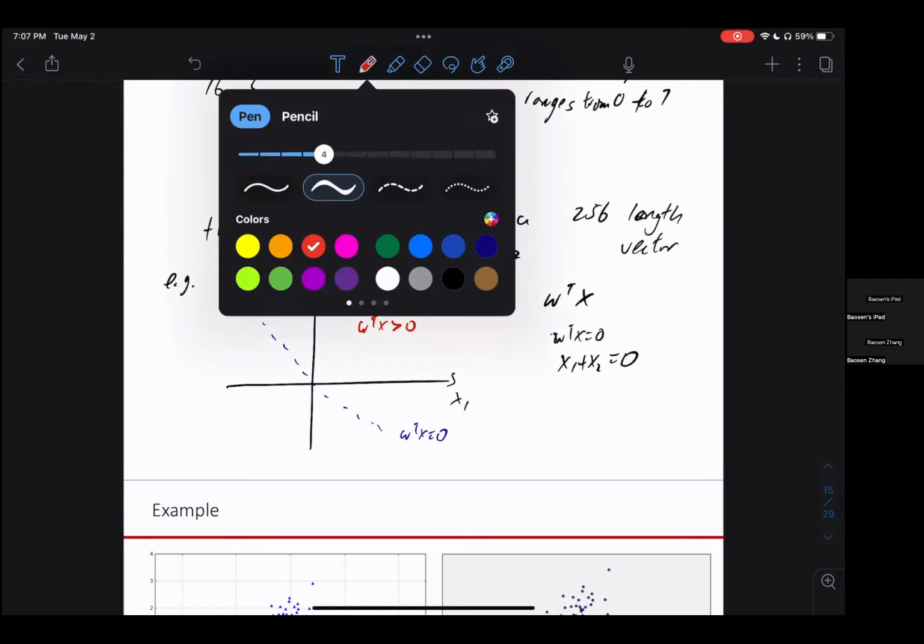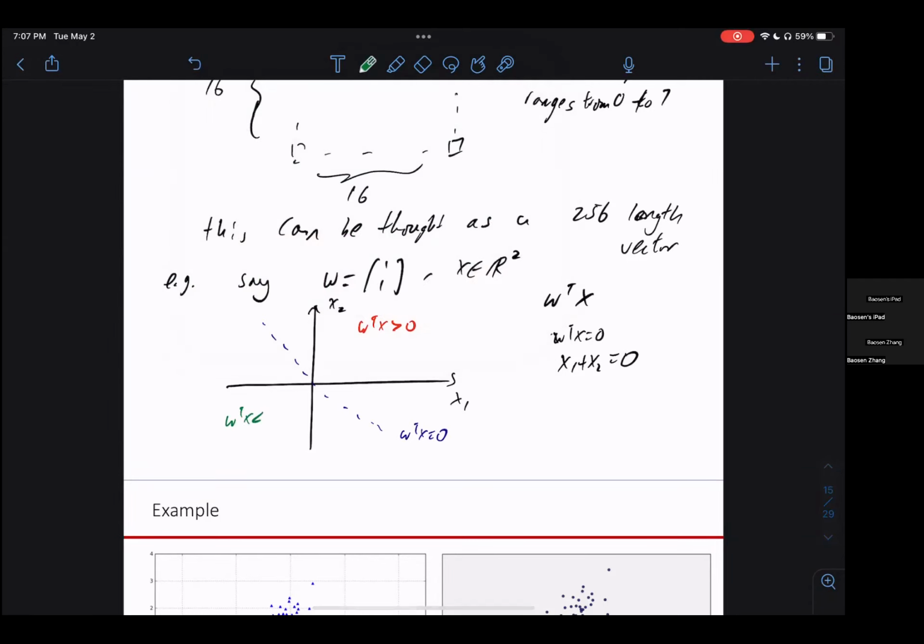The other side of the line, you have less than 0. So basically, what this classifier does is, if you look at a point in R2, if it's on this side of the line, we're going to classify it as a 1. If it's on this side of the line, we're going to classify it as a 0. So this is geometrically what this comes out to be.